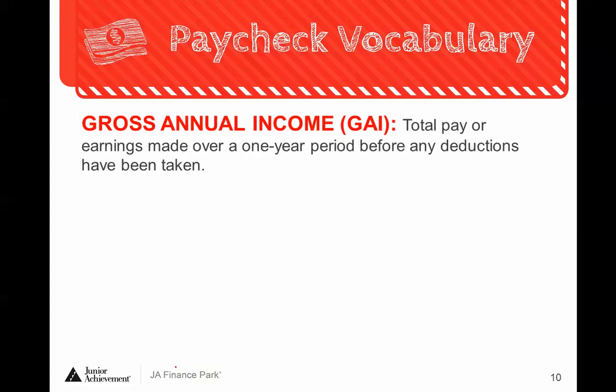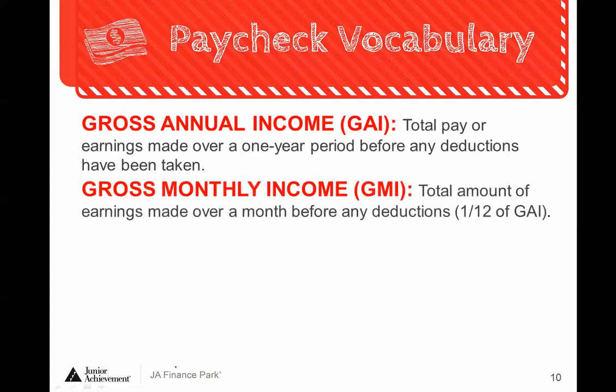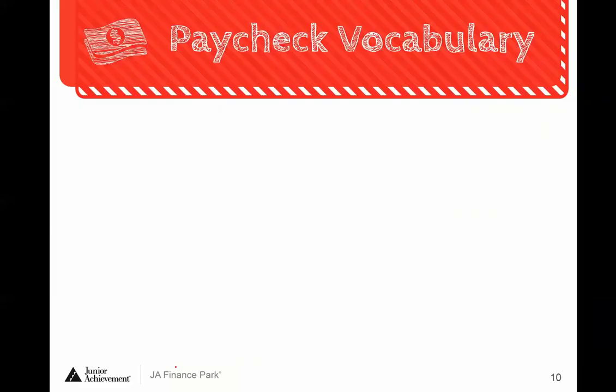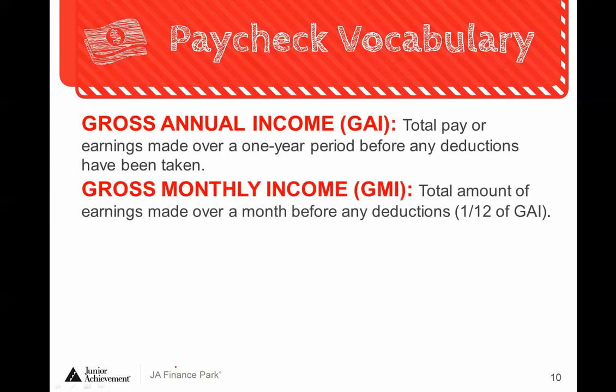So just a few common words, and you'll probably talk about this in civics too, and I won't go into too much detail. There's gross annual income. That's the total amount of money that you make before your deductions are taken out over a year. There's gross monthly income. That's the amount before deductions, like on Jason's, $960 was his income.